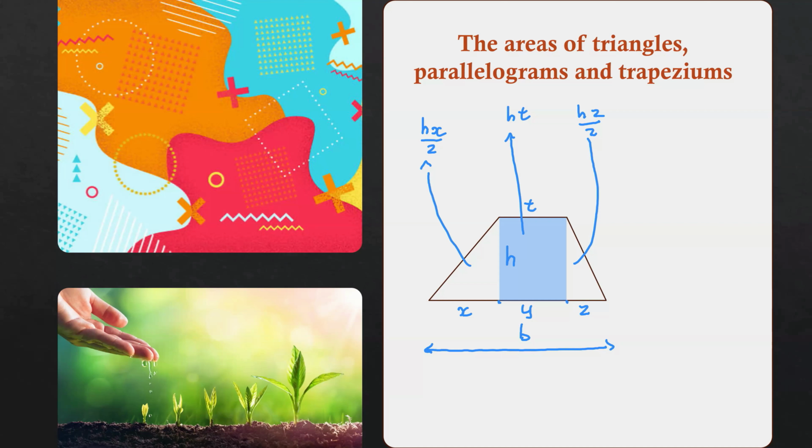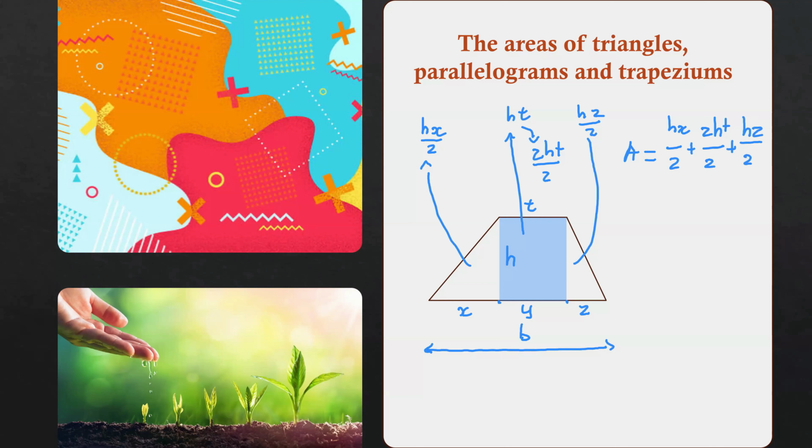I want the common denominator to be 2, so I'm going to convert ht to 2ht over 2. So the area of the whole trapezium is hx over 2 plus 2ht over 2 plus hz over 2.